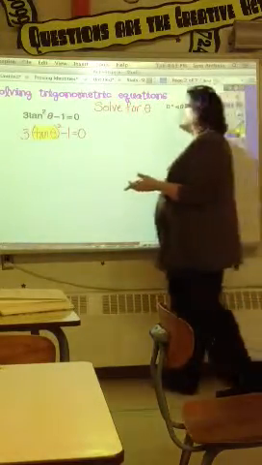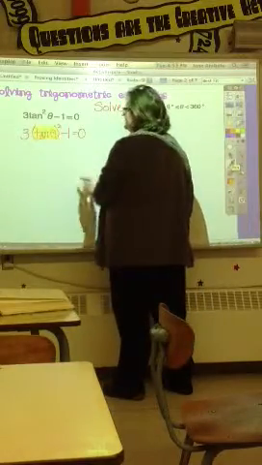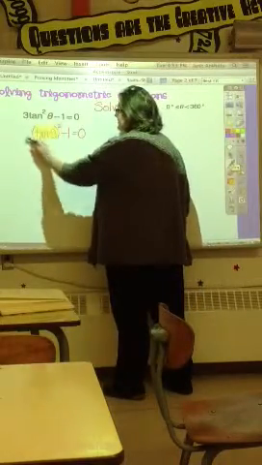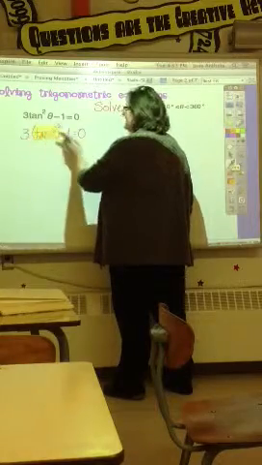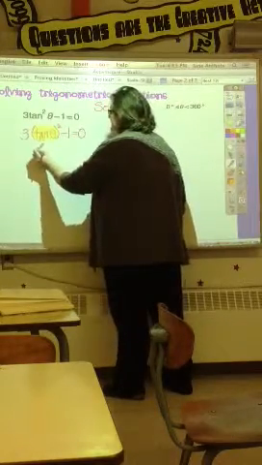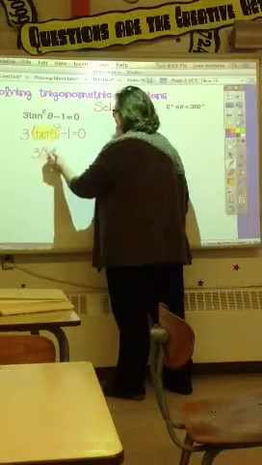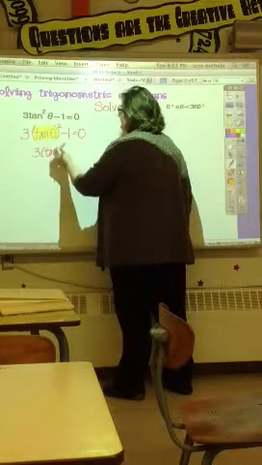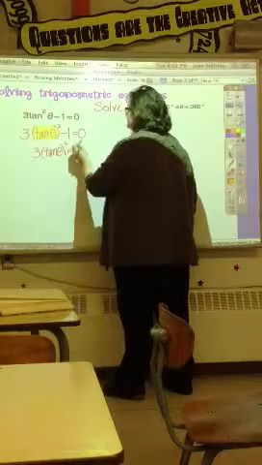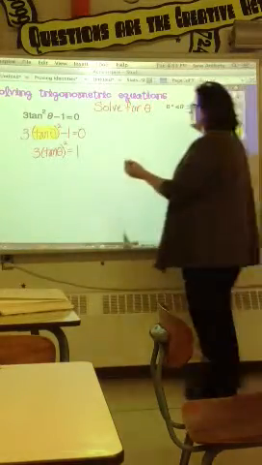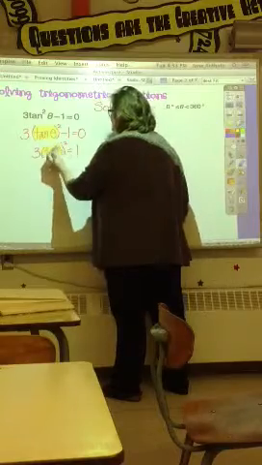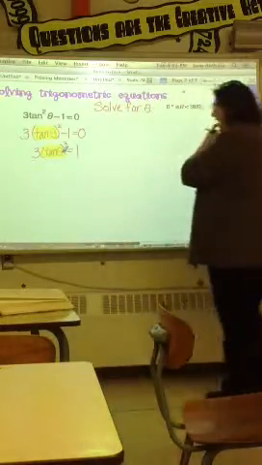So, first of all, we need to try to isolate this. Well, this term, 3 tangent squared theta, needs to be on one side. Everything else needs to come to the other side because it doesn't involve tangent of theta. Again, we're trying to solve for tangent of theta.